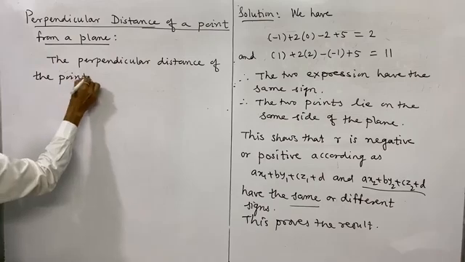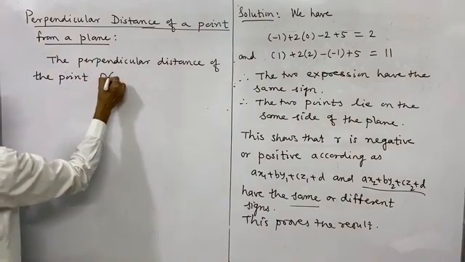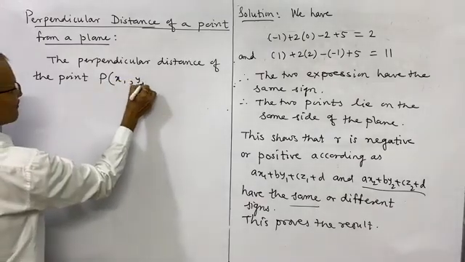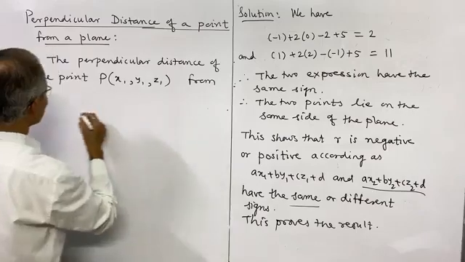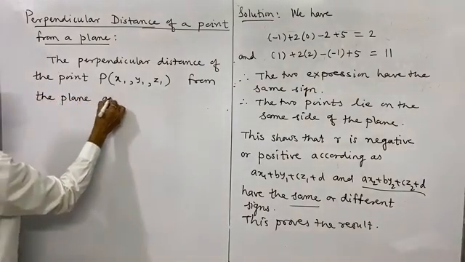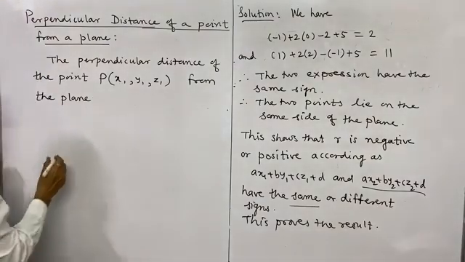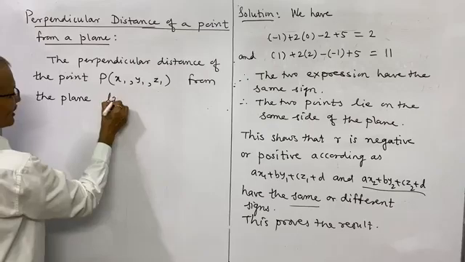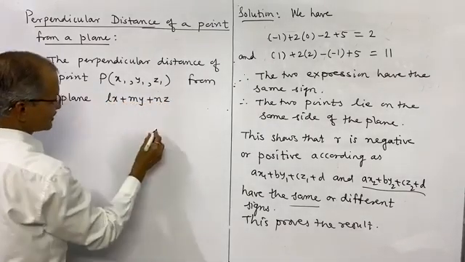Now we fix the point, say P, with coordinates x1, y1, z1, and the plane. Instead of the general form, we write the plane as L x plus m y plus n z is equal to p.